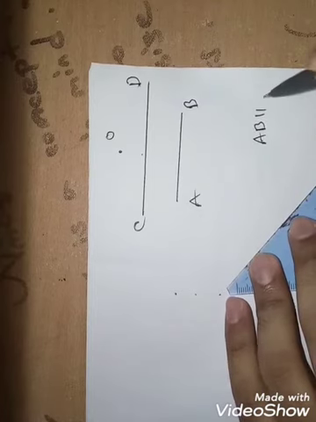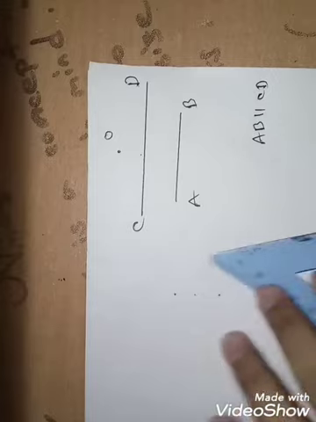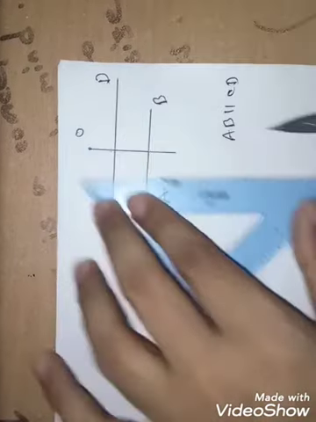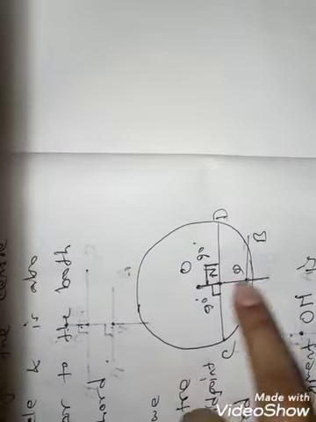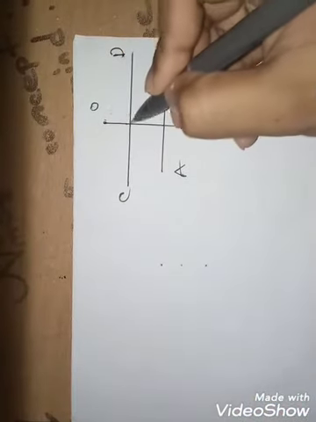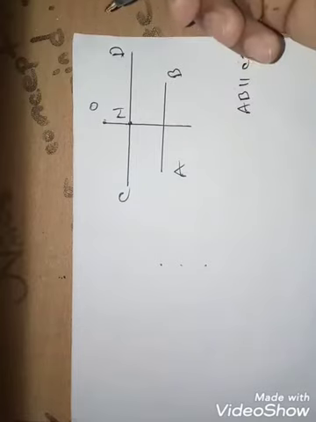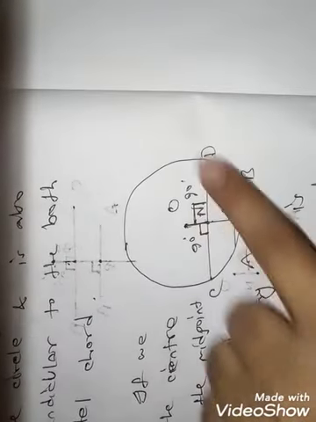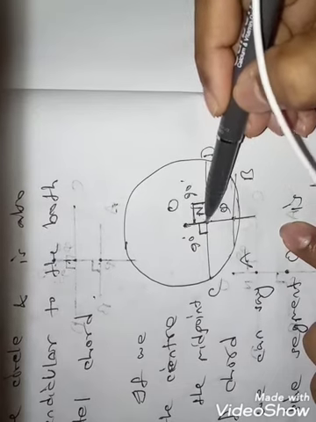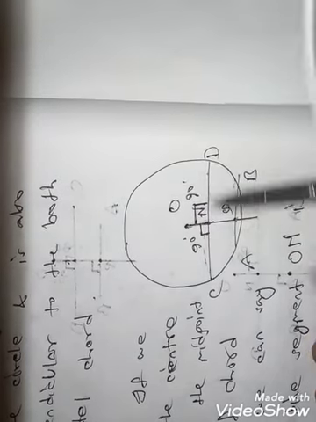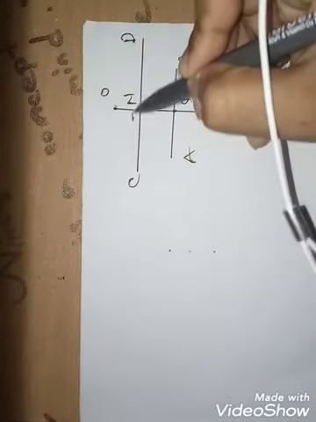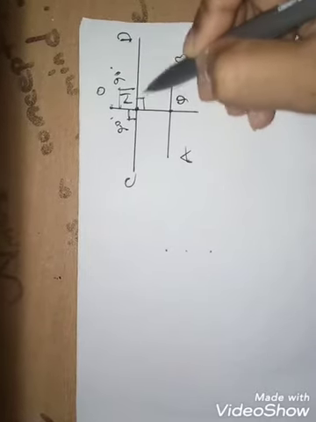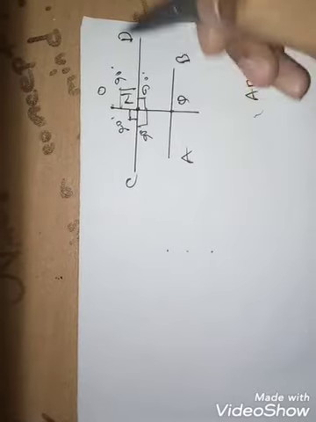That means AB is parallel to CD. We named this point N, and we also named this point Q. Since this line is perpendicular to the chord CD, this one is 90 degrees, this one is also 90 degrees, and this one also 90 degrees.